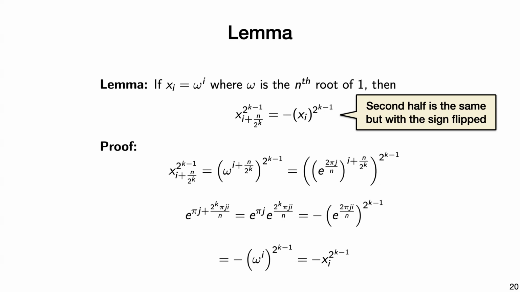That it will come out to negative of x of I raised to 2 to the k, versus raised to 2 to the k minus 1. So this is saying that the second half is the negation of the first half, and vice versa. And this proof is just an extended version of what we had earlier.